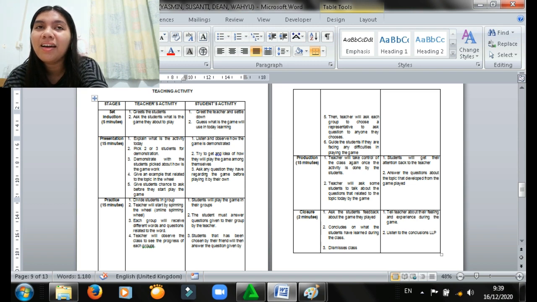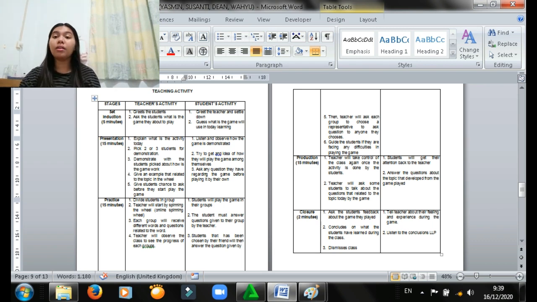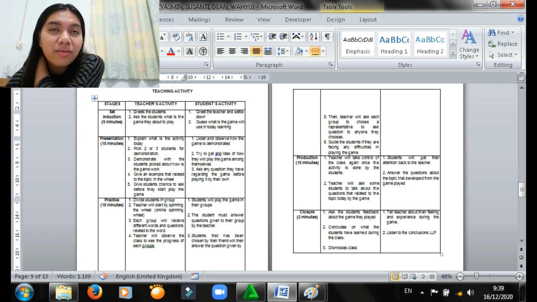The group that got the lowest marks will not receive any punishment, just more encouragement to make sure they participate more in the class.